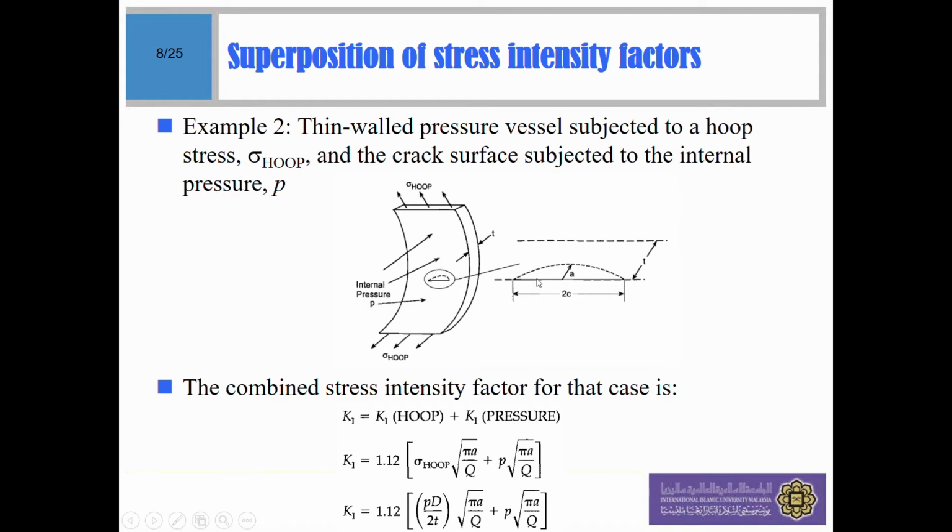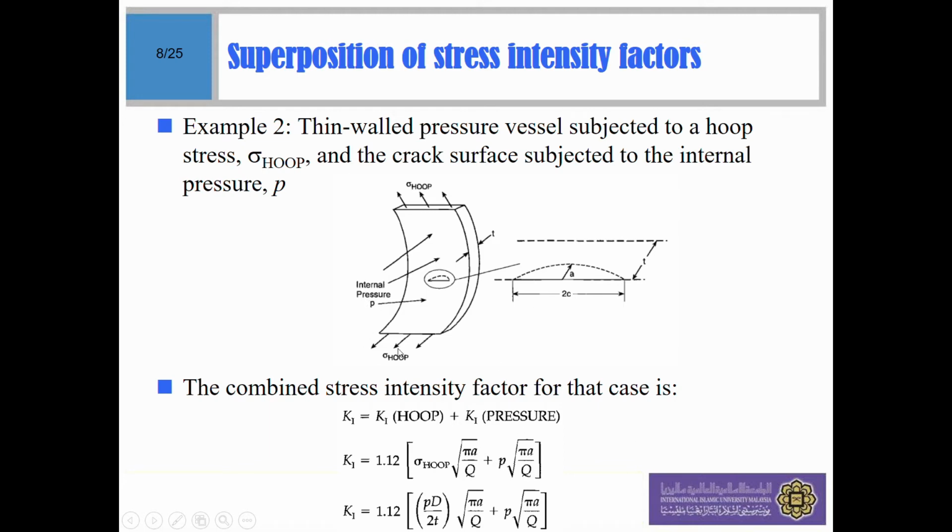So we can draw this as the length of the diameter of the crack, and the depth of the crack as A. The combined stress intensity factor for this case is K1 equal to K1 hoop due to the hoop stress plus K1 due to the pressure.